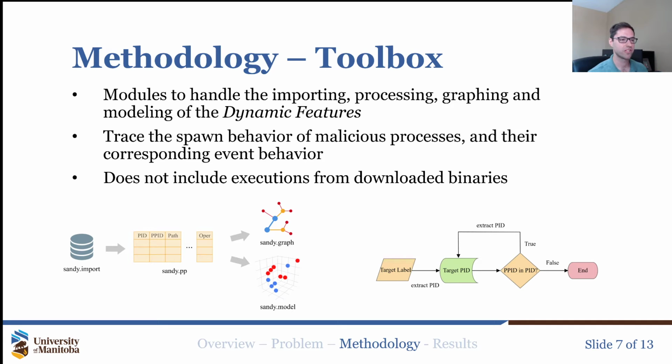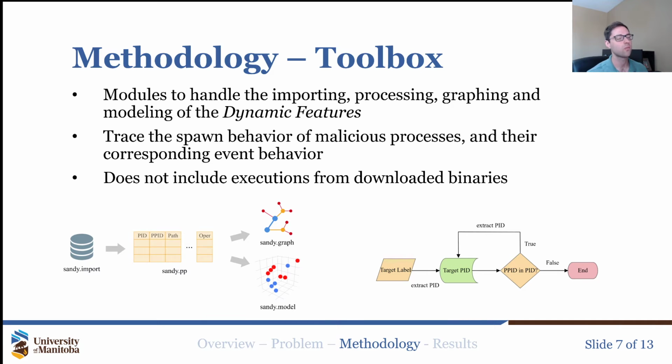In the bottom illustrations, on the left, we have a depiction showing how the import module passes information to the PP, or pre-processing, module, and then you can graph it or model it in order to develop your own forms of classification. The figure on the right demonstrates how you know exactly what's being executed to start with, and you can look at the process identifier and the parent process identifier labels in order to trace exactly what is being spawned from that initial process.